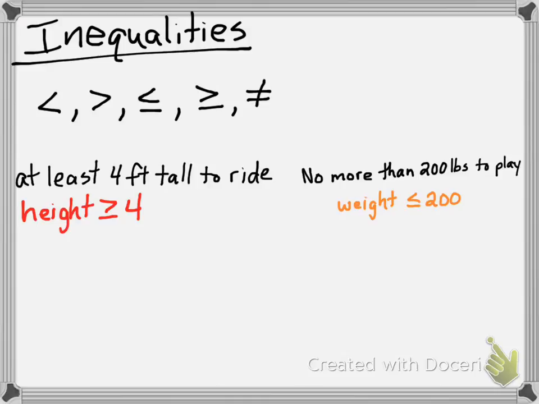Alright, so the first thing we're going to have to do with inequalities is translate them. Okay, just like we translated sentences into equations, we also have to translate sentences into inequalities.